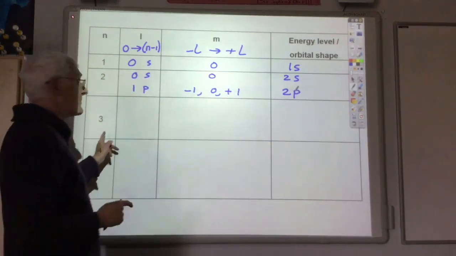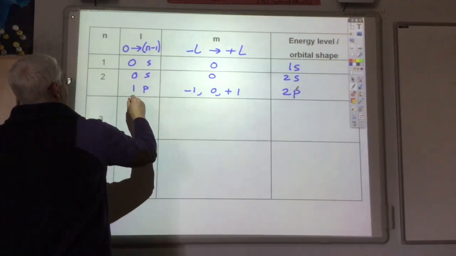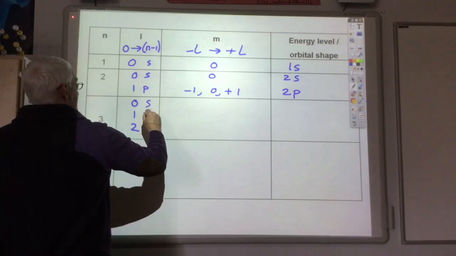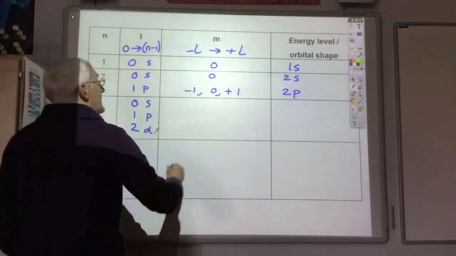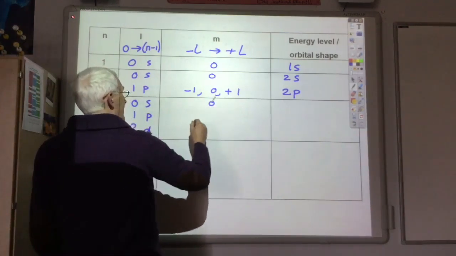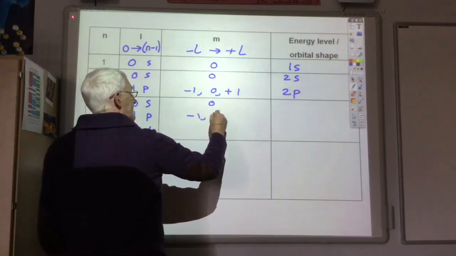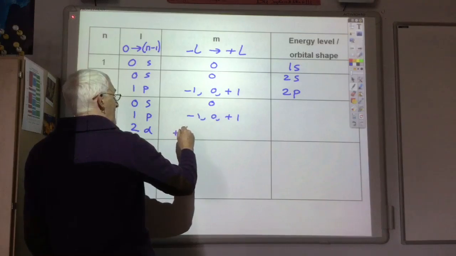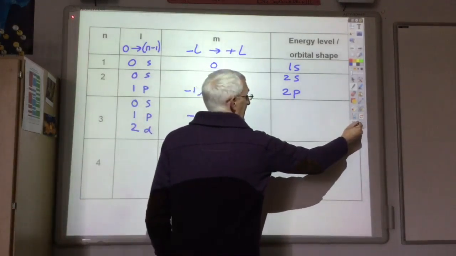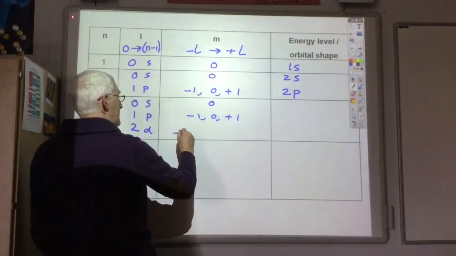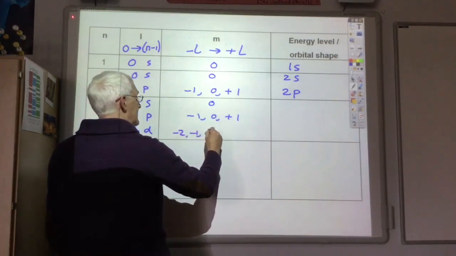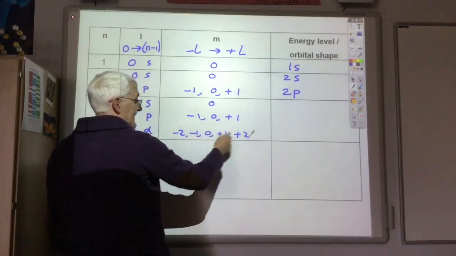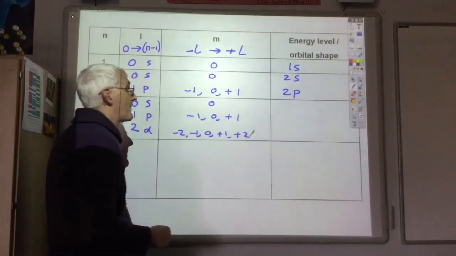So when the principal quantum number is 3, l can be 0, 1 or 2, corresponding to an s, p or d orbital. So the value of m can be 0 for the s, minus 1, 0, plus 1 for the p, and for the d orbital, go from minus 2 to minus 1 to 0 to plus 1 to plus 2, representing the 5 different d orbitals.